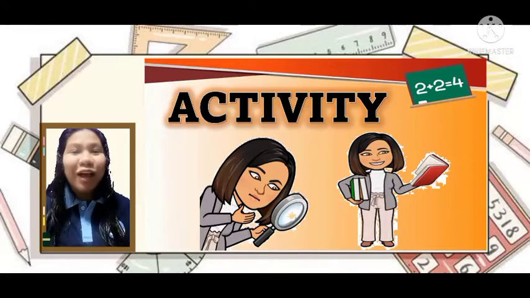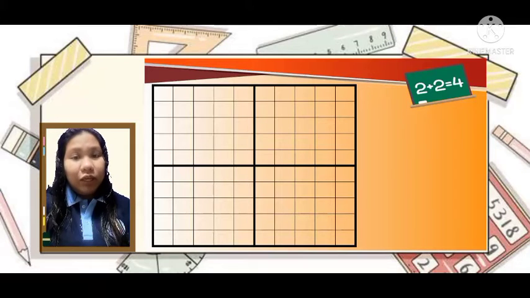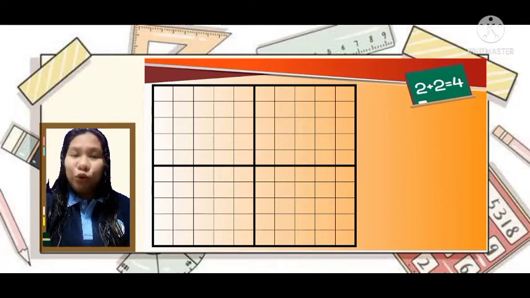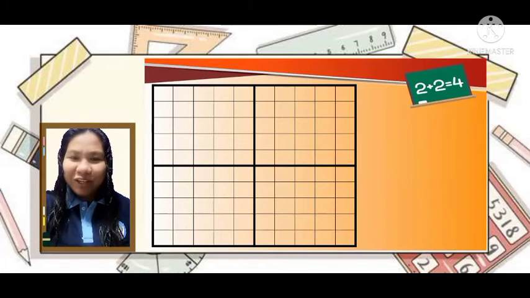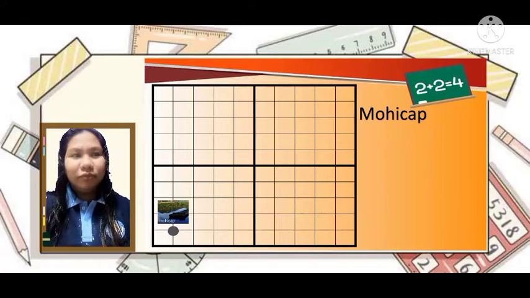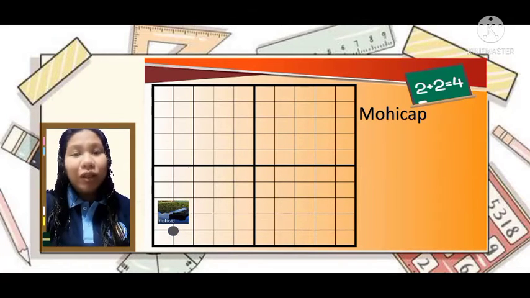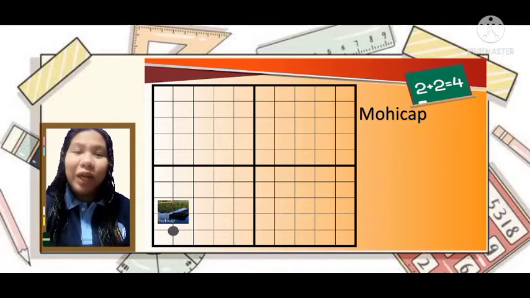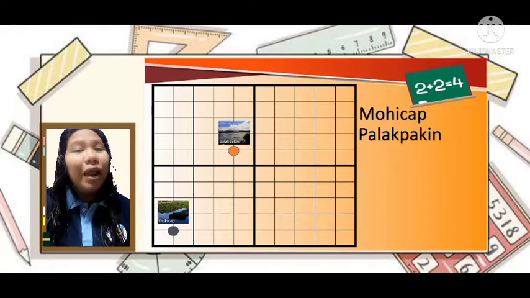Now, let's have another activity. In this activity, all you have to do is determine in what quadrant the 7 lakes are located. Are you ready? Now, let's start. First, Mohicap Lake. What quadrant is Mohicap Lake located in? How about Palakpakin Lake?